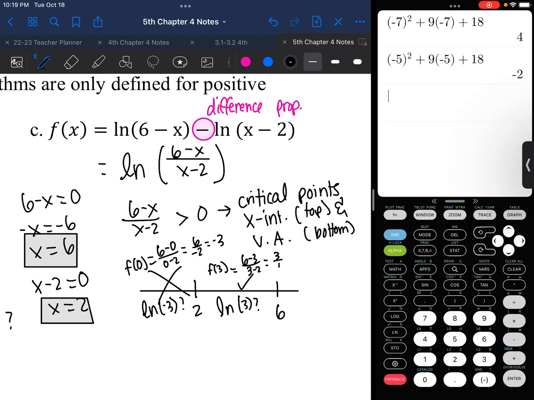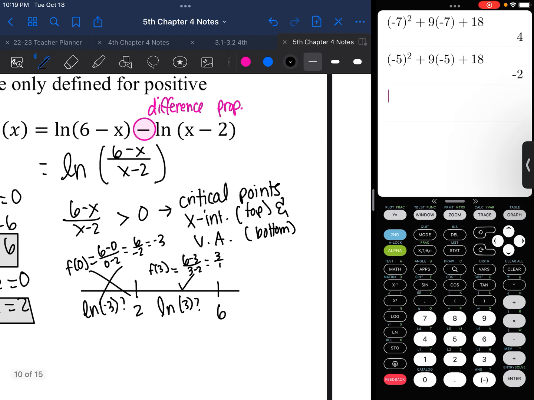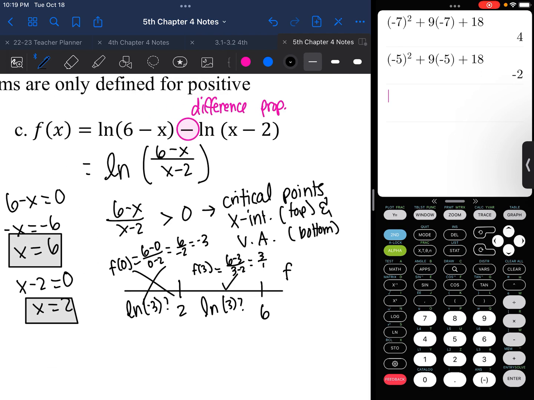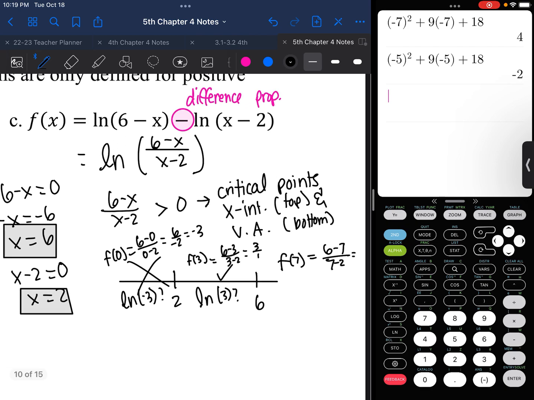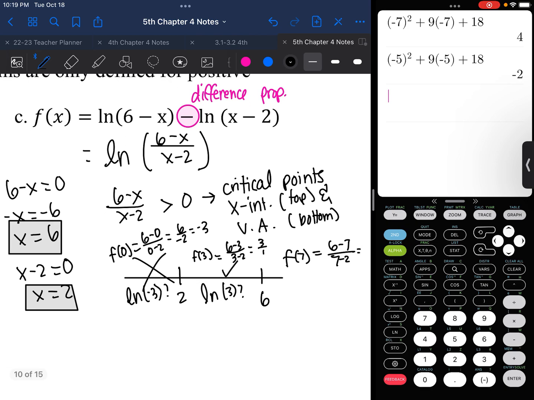Sure. And then we do it for this one over here. And we say, how about f of 7? That would be 6 minus 7 is -1 over 5. Can we take the natural log of -1/5? No, we cannot. So the domain for this one would be between 2 and 6.